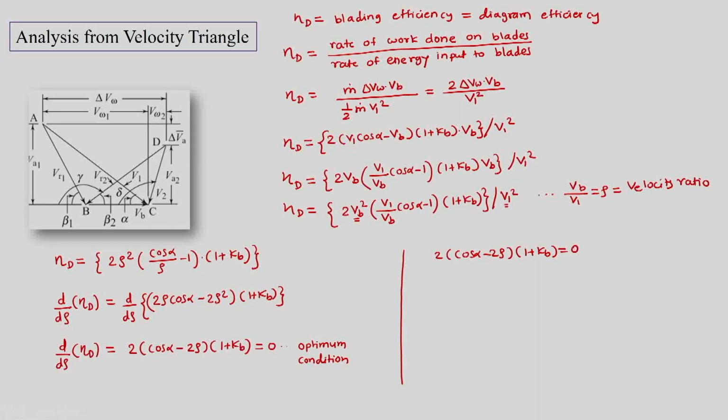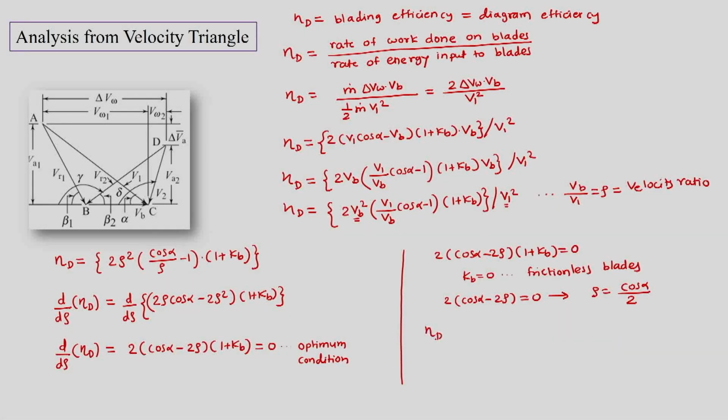Now let us say that KB is equal to 0 for frictionless blades. So we will have 2 into (cos alpha minus 2 rho) equal to 0, and this leads to rho equal to cos alpha by 2. So this is called rho optimum.